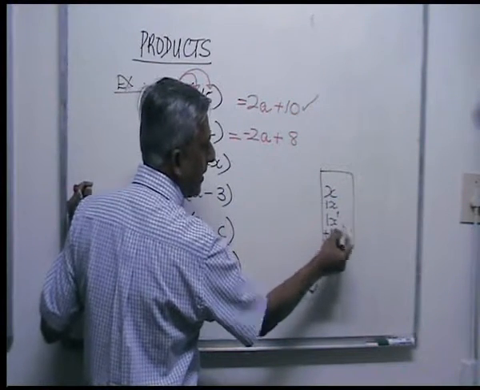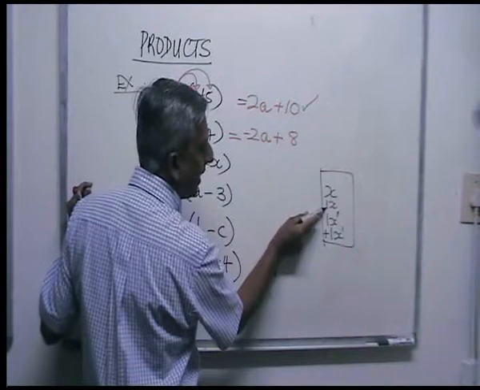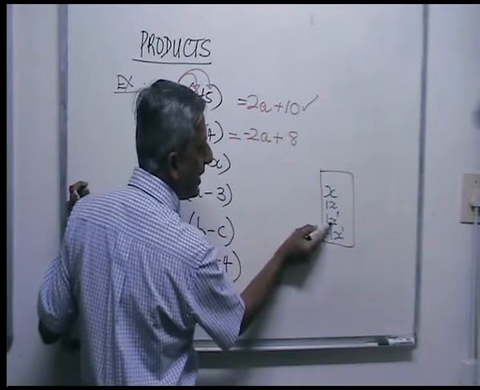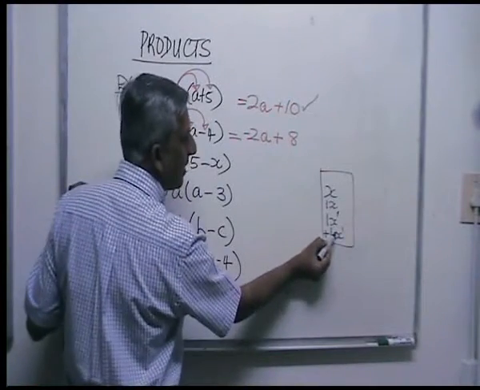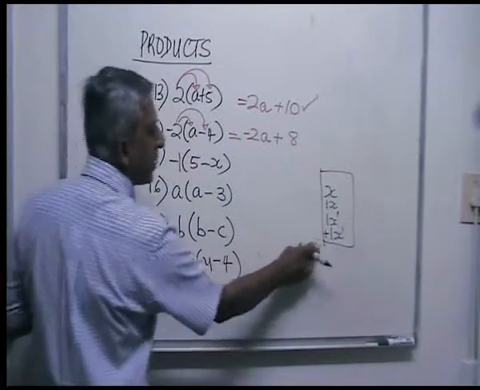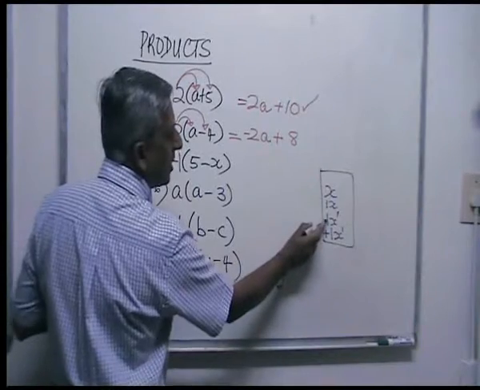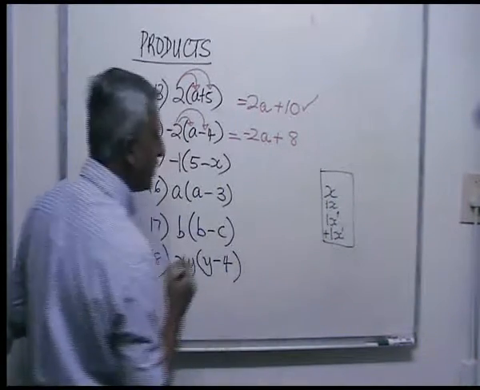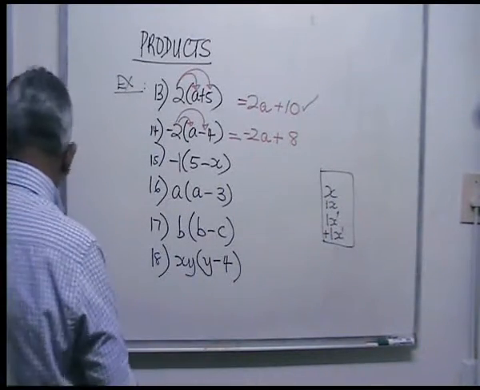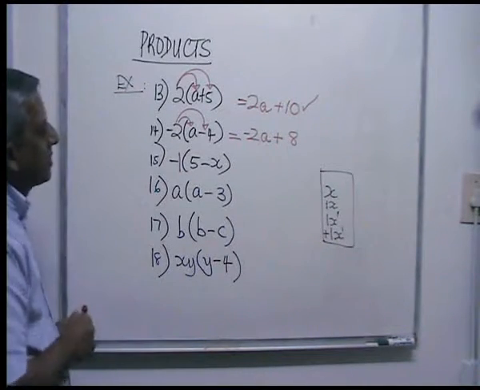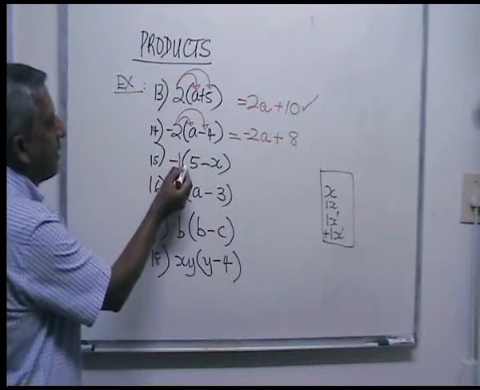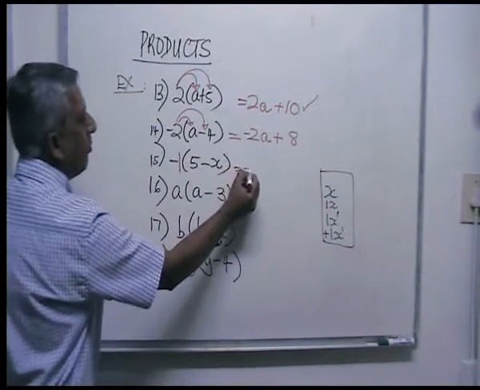So the plus sign is understood, this 1 is understood, the index 1 is understood. Understood means it is there, but it is not written. Okay, so minus times plus gives me minus.